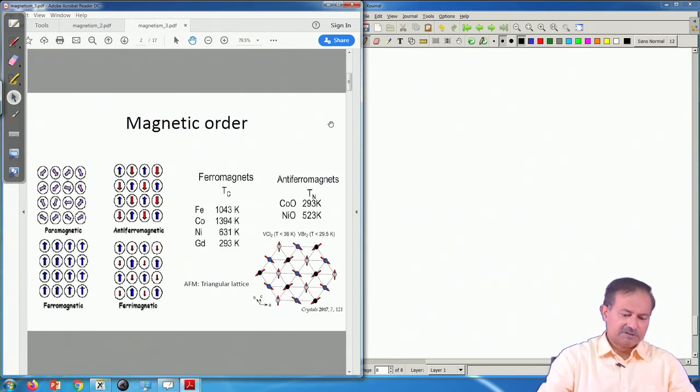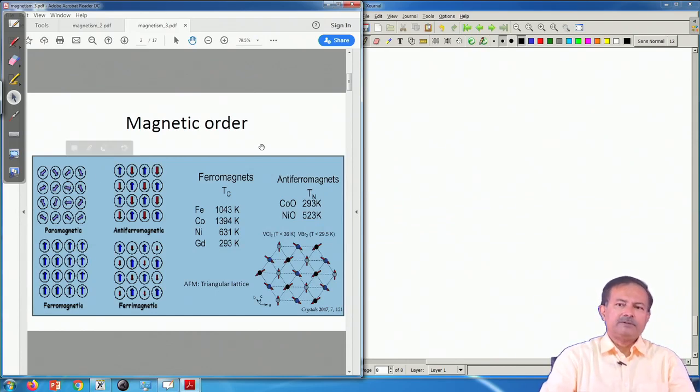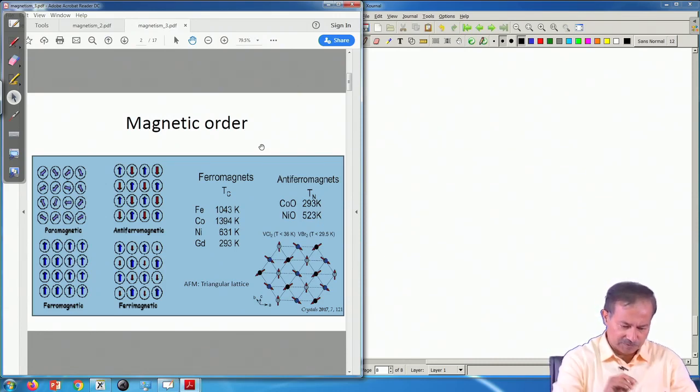For example, this is a cartoon picture, but it depicts what the situation is. In a paramagnet, for example, you have moments, of course free moments, but these moments are completely randomly oriented, and there is nothing that orders them, and they do not talk to each other, there is no interaction between two moments, and they remain disordered.